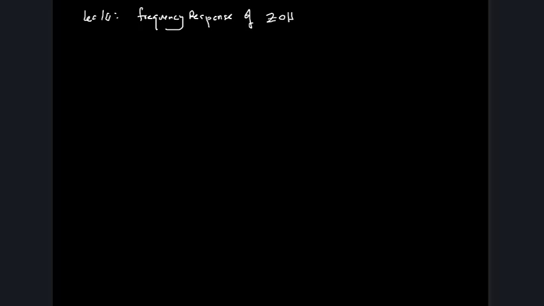Now, if you remember, the transfer function for the zero order hold was equal to (1 minus exponential of minus T s) over s. Now we need to find the frequency response, so this means that I need to substitute j omega instead of s.